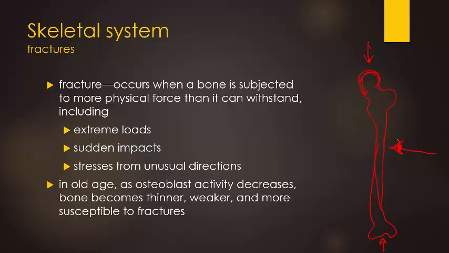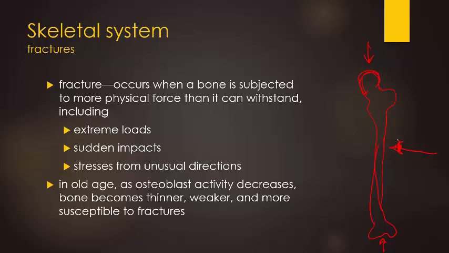And of course, in old age, osteoblast and osteocyte activity decreases, and the bone becomes thinner and weaker because the osteoclasts still continue at a fairly good pace, breaking down bone material. And so the bones can become more susceptible to fracture as well.